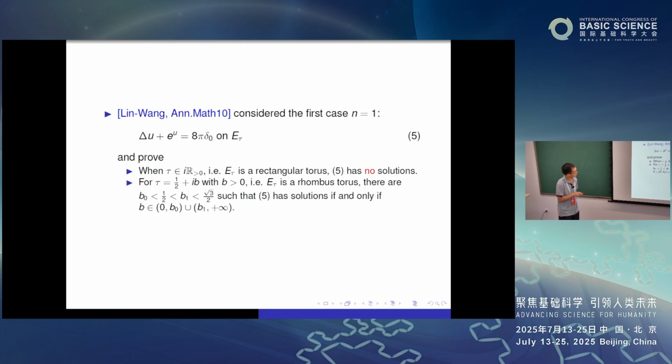But if the real part of tau is 1/2, so that the torus is a lambda torus, then there are two constants b0 and b1 such that when the imaginary part of tau b is smaller than b0 or bigger than b1, then this equation has a solution. And if b is between b0 and b1, then this equation has no solution. So for this equation, whether the solution exists or not depends on the choice of tau.